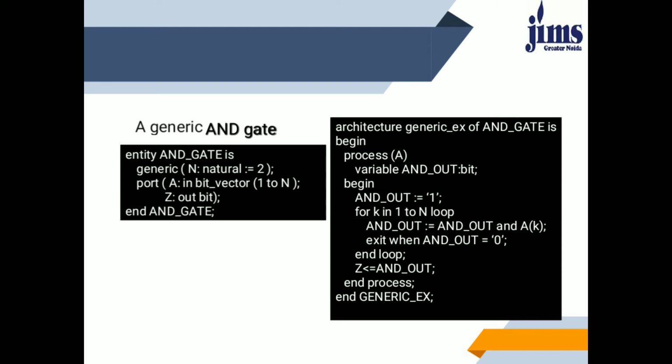In that mode we need to apply a for loop. In that loop, first we will work on a single input, then another input, and the previous input must be ANDed with the next input, then the answer must be ANDed with the next input, and so on in a loop. Then after completing it, we will end the architecture. So this way we can define an AND gate with generic.